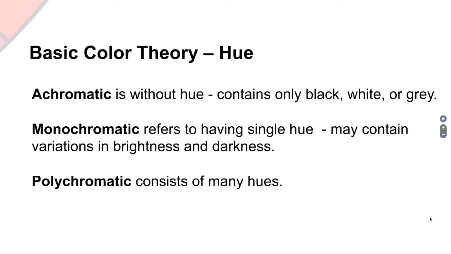Combined, they can make gray, but achromatic means no color. Monochromatic, mono meaning one, means one color, which can be a bright color or a dark color. Polychromatic means that it has many hues or many colors, thus the word poly. So if you can remember achromatic, monochromatic, polychromatic, you'll be fine.